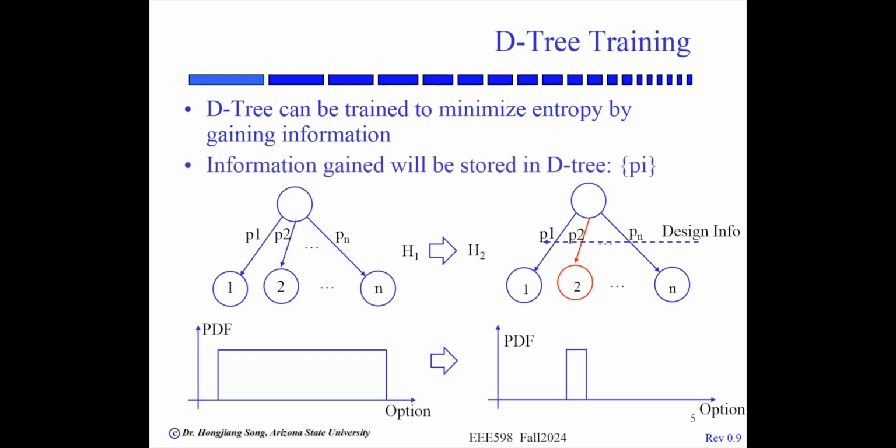Also, at the end of the tuning, the information gain will be stored inside this decision tree. Of course, in VLSI circuit design, this will be in the structure, parameter, and verification layers. And the information gain equals the entropy reduction before and after training.